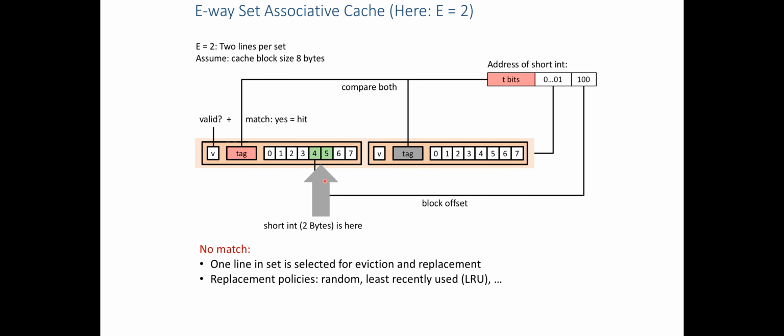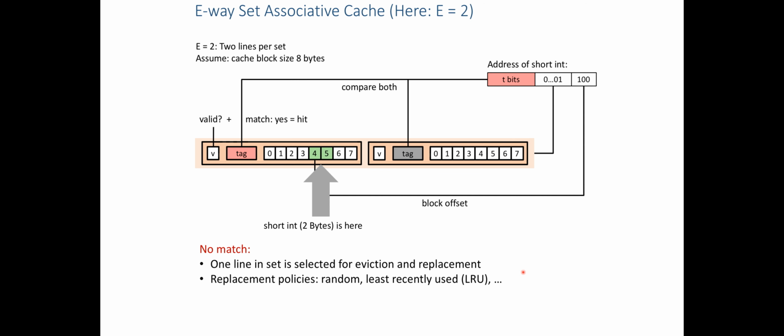Maybe we were going to read 2 bytes, and if so, we'd read those 2 bytes. Now, if there was no match, remember that one line in the set gets selected to be evicted and replaced with the one that we want.